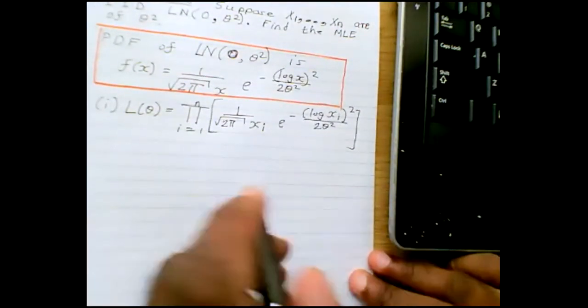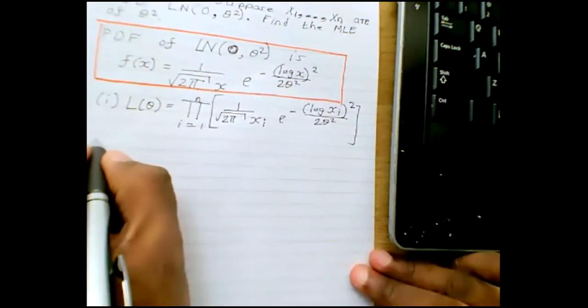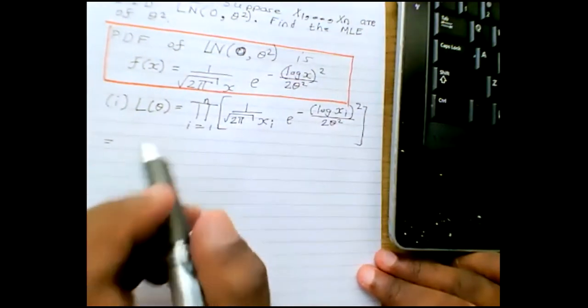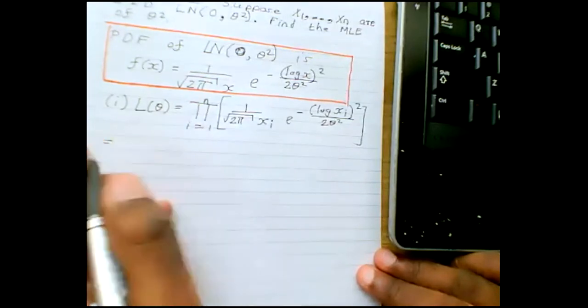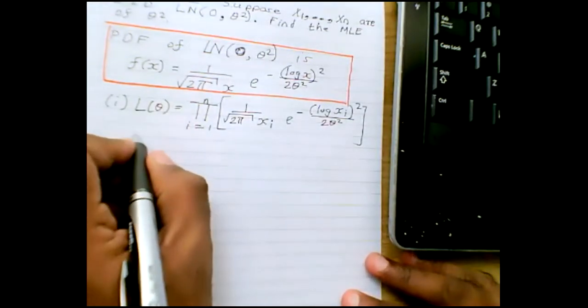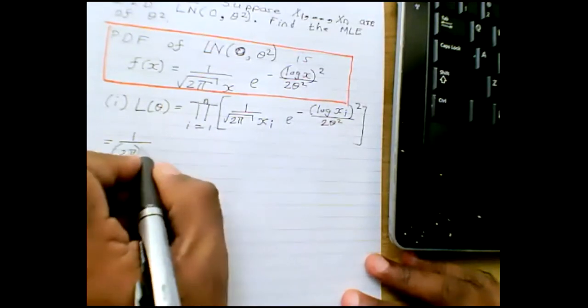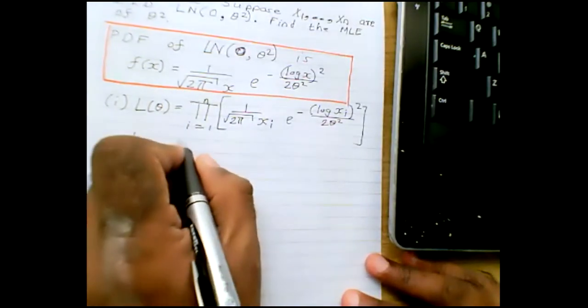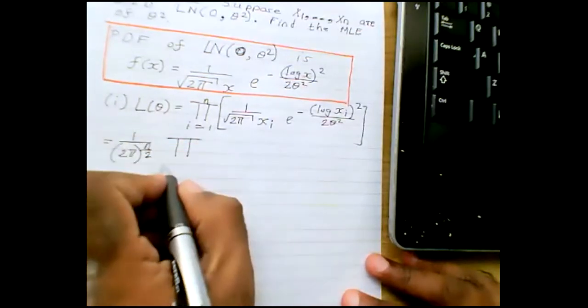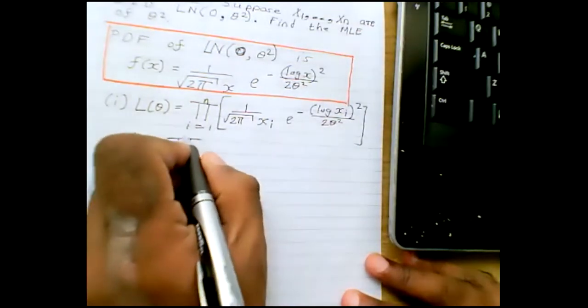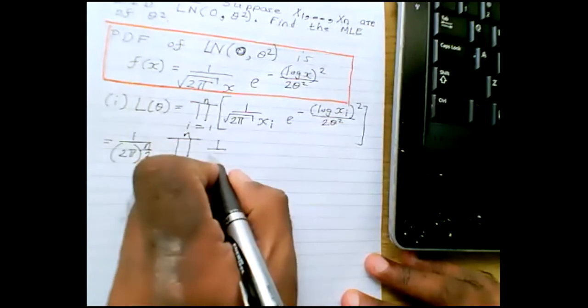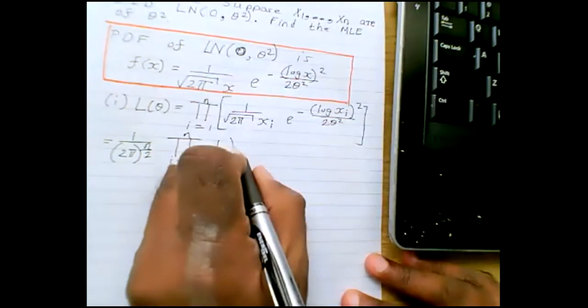Now, if you take the product, this is where you need to watch my videos, guys. Please go to the preliminary section of the course website. There are 2 videos I would like you to watch. The first video is called Properties of Sum. The second video is called Properties of Product.